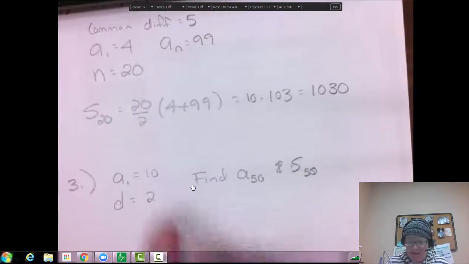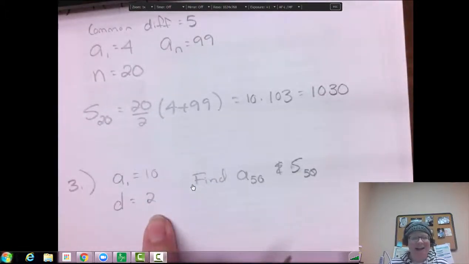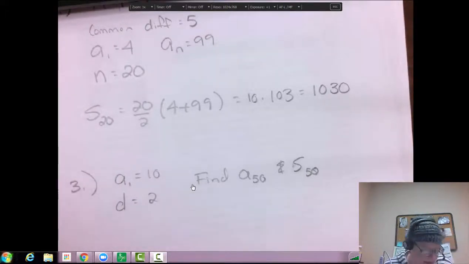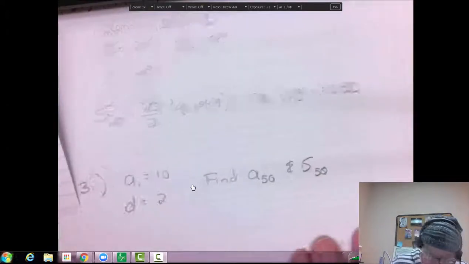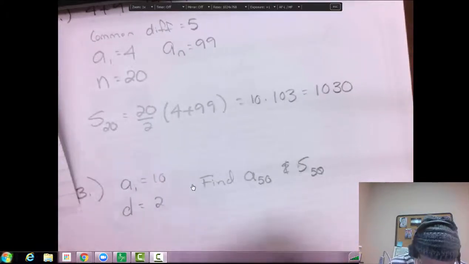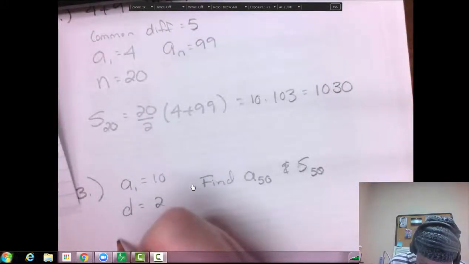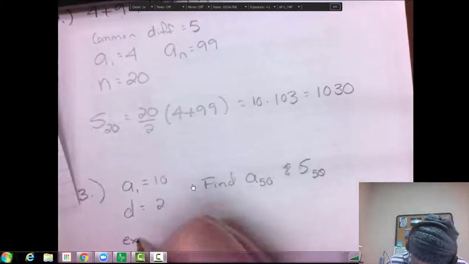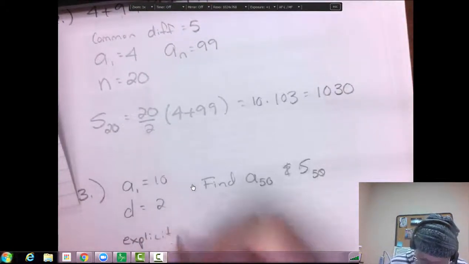So what did they give me? They gave me the first number, and they gave me the common difference. Remember, that's called D when they taught us the formula for sequences. So let's look at the formula from the last chapter for the explicit sequence.